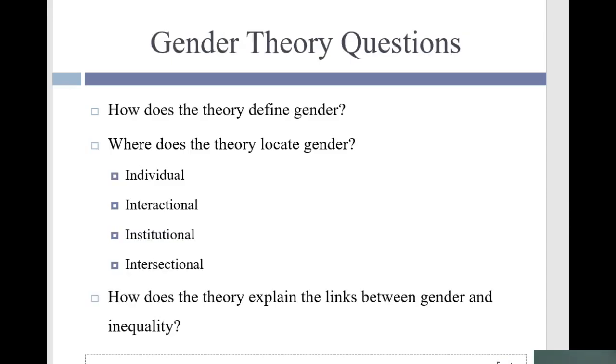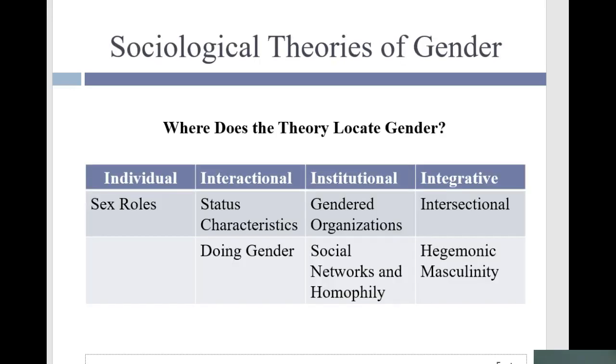Gender theory questions. How does theory define gender? How does theory locate gender? We look at individual, interactional, and institutional levels as we start moving forward. So, sociology, theories of gender. Individual, we look at sex roles. Interactional, we look at status and character, doing gender, and gendered organizations.